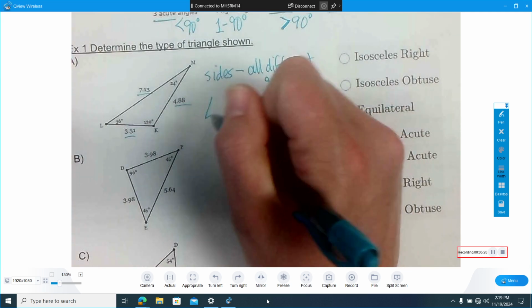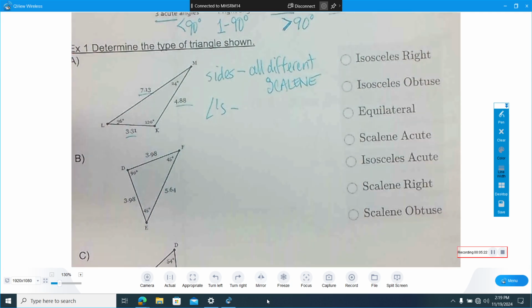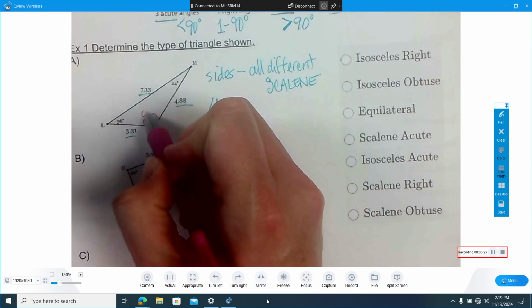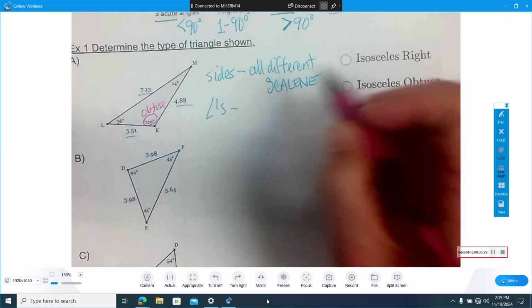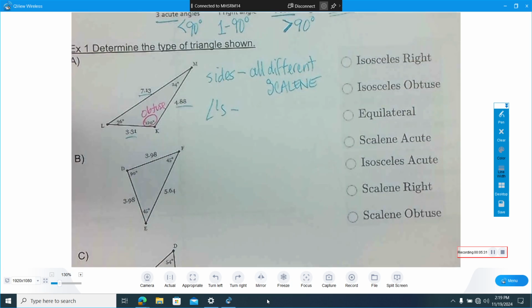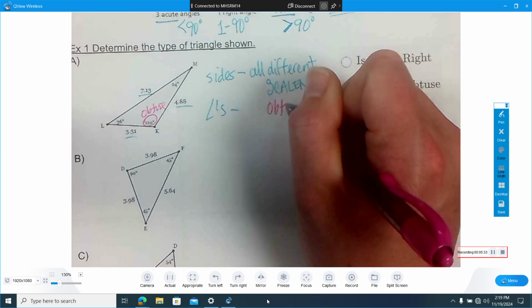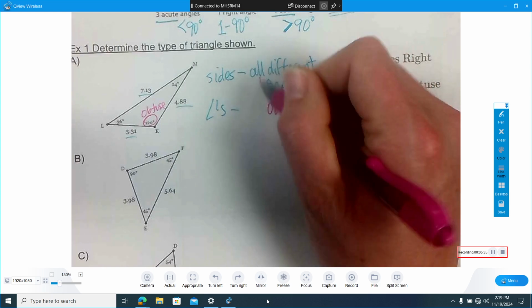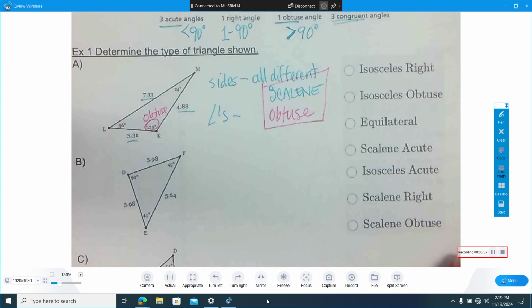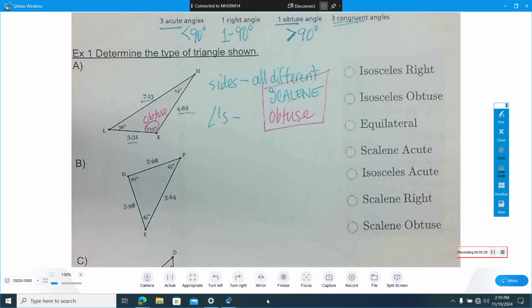All right, and then if we look at the angles, tell me about the angles. Yeah, we have one angle that's obtuse. And so that means that it is an obtuse scalene triangle. One obtuse angle makes it an obtuse triangle.